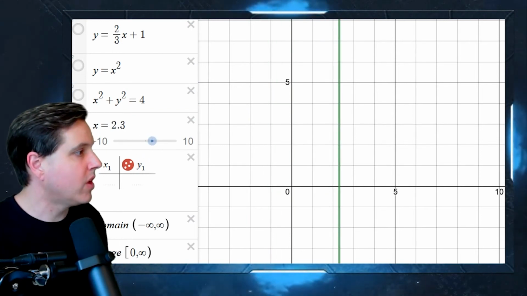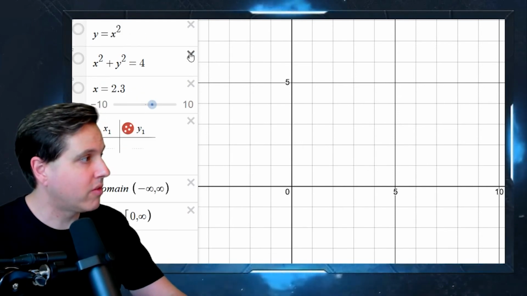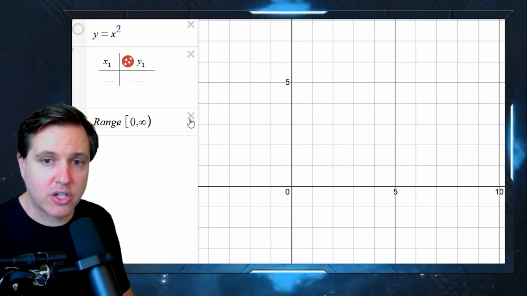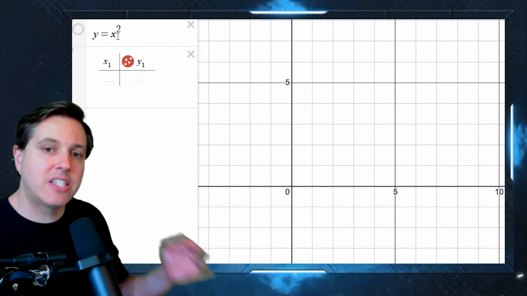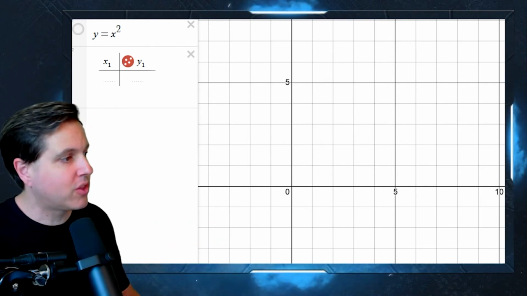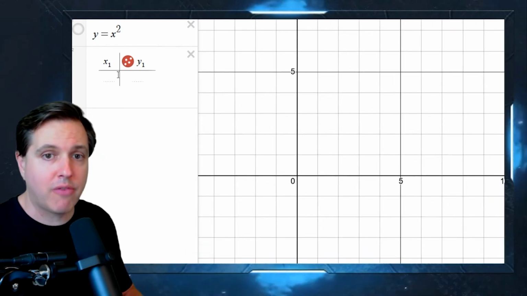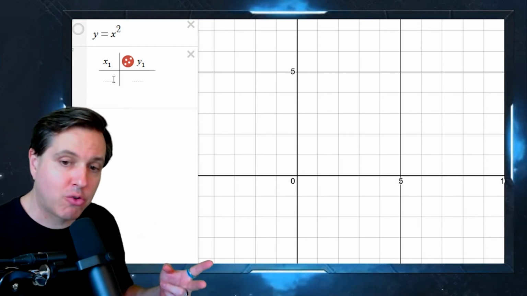Okay. Now, how do you go about graphing something that you're not familiar with, but you want to take a look at it and see if it's a function? So let's just take the function y equals x squared, and let's see if we can graph that. We've already seen what the graph of it looks like, but let's see if we can come up with it on our own, where the graphing utility is not doing it for us. Now, with lines, we only had to graph 2 points.